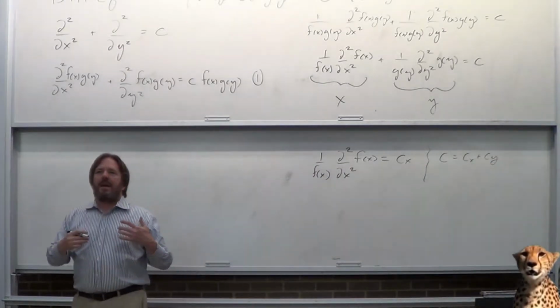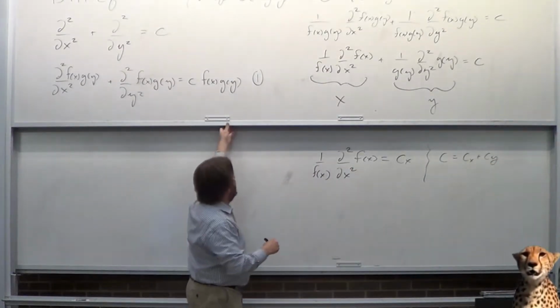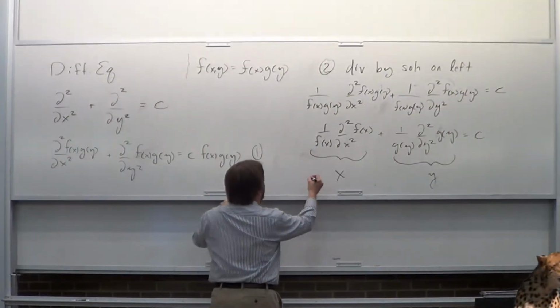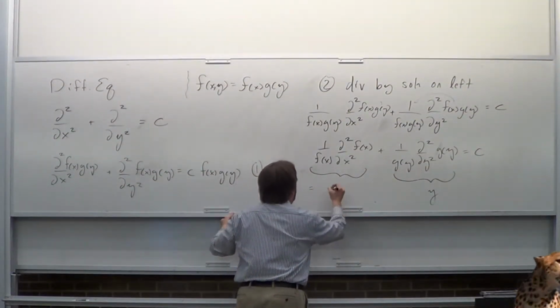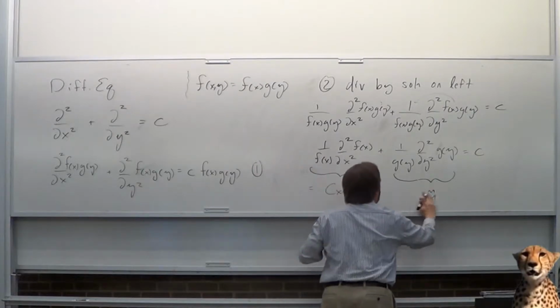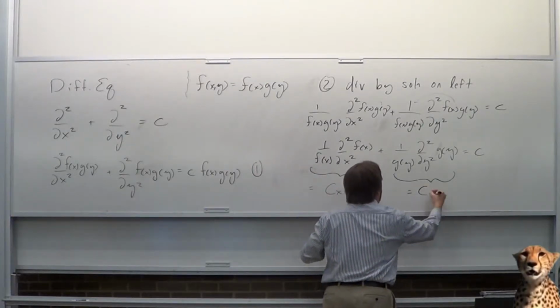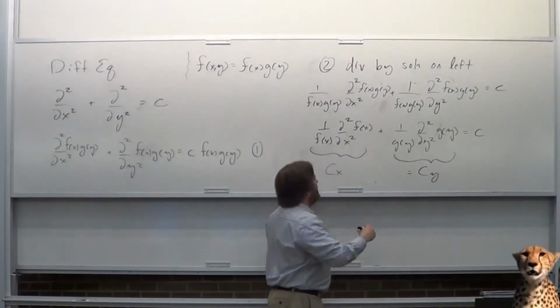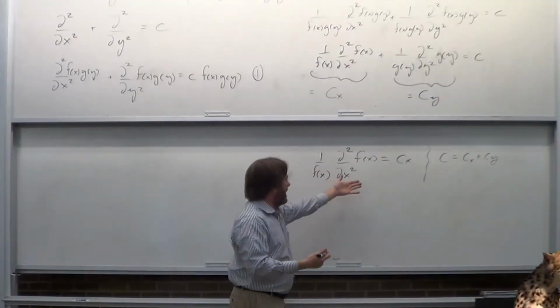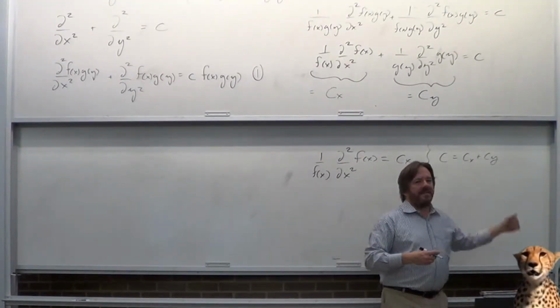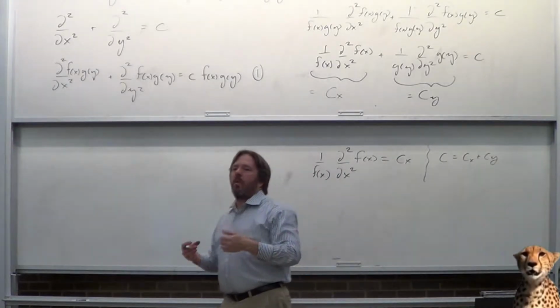Okay, so again, each one of these terms is equal to a constant, and now that means I can solve it as such. The original constant is decomposed into the x and y parts.